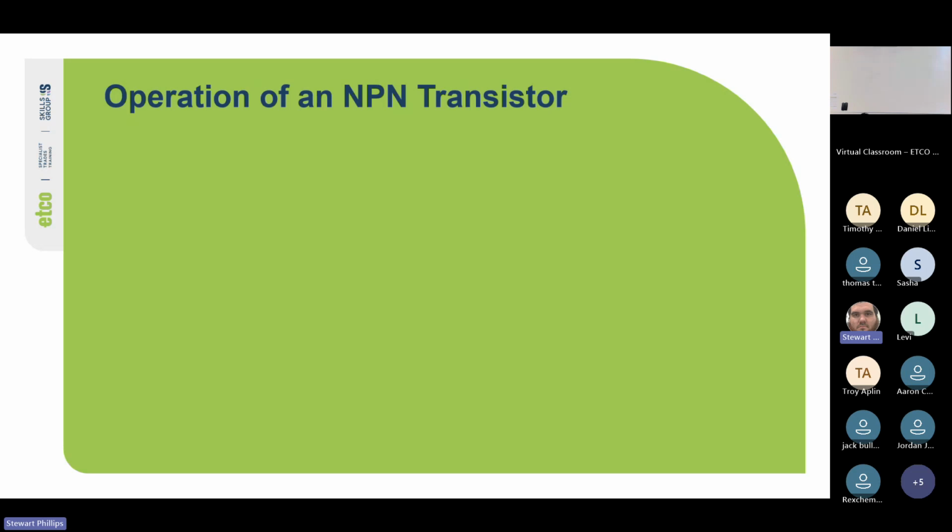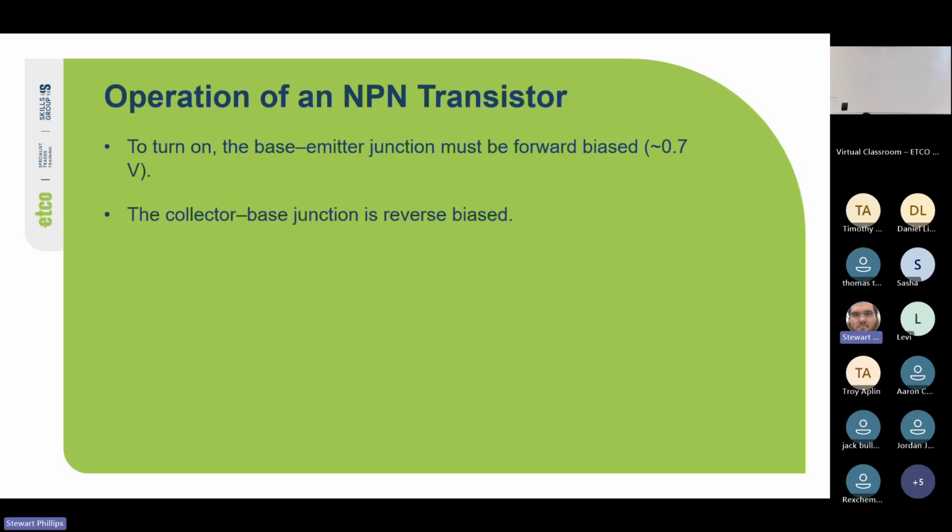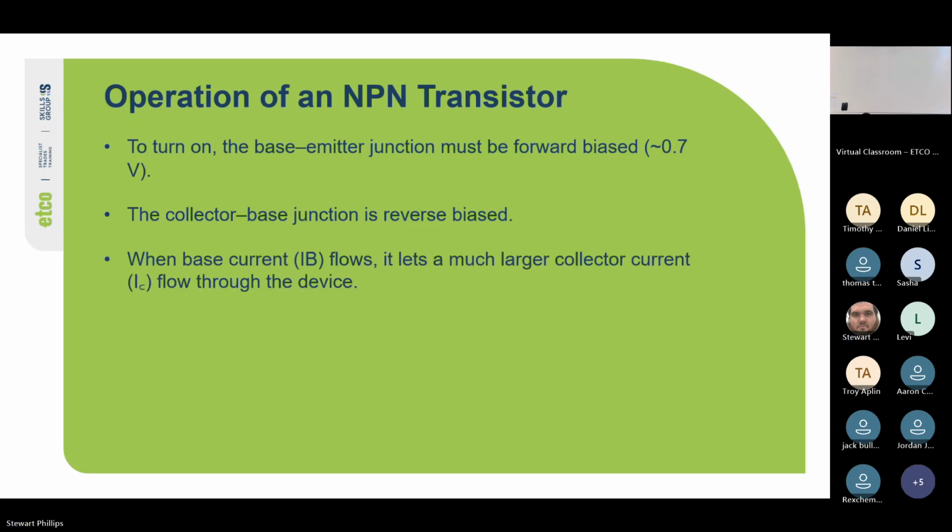Cool. So the operation. To turn on, the base emitter junction must be forward biased, 0.7 volts. The collector base junction is reverse biased. So when base current, or IB, flows, it lets a much larger collector current, IC, flow through the device.